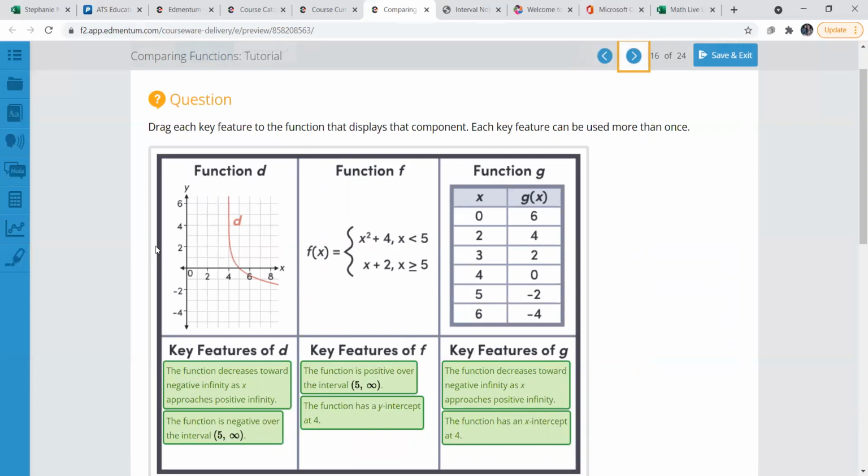Function is negative over the interval 5, infinity. Key features of f, the function is positive over the interval 5, infinity. The function has a y-intercept at 4. Key features of g, the function decreases towards negative infinity as x approaches positive infinity. The function has an x-intercept at 4.